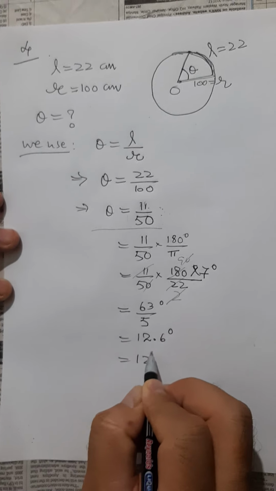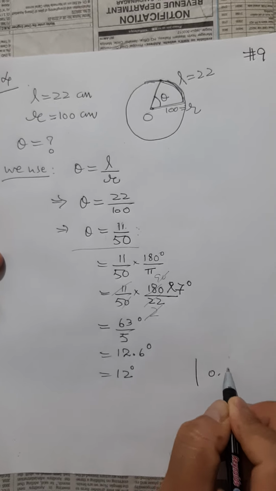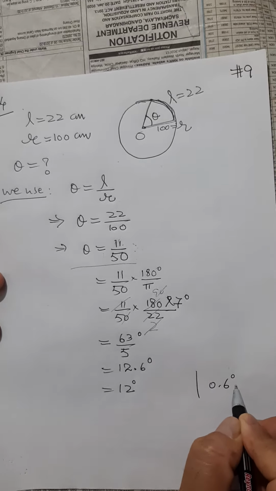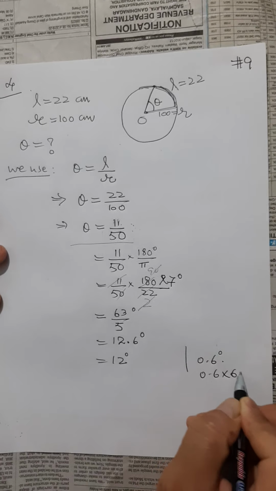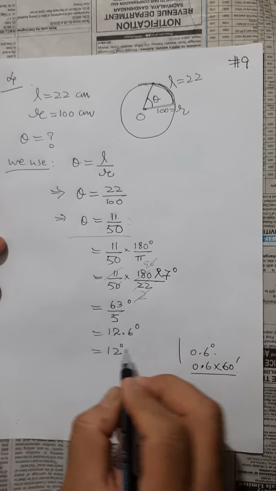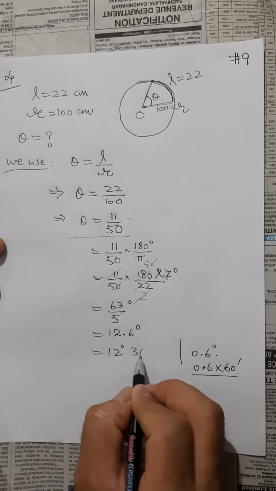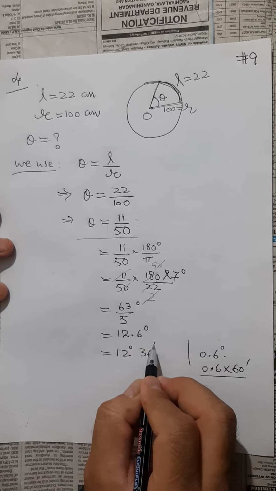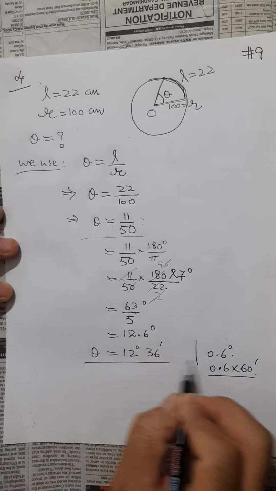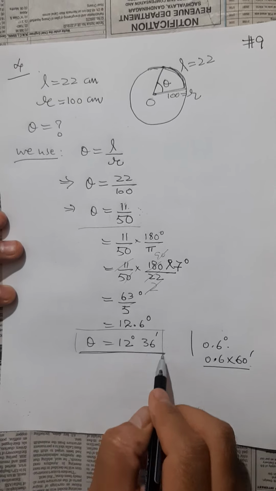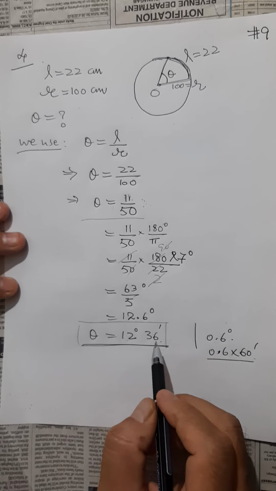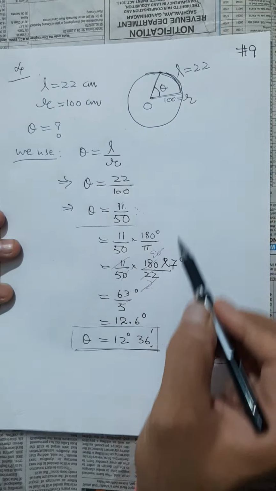So we'll get 12 degrees, and 0.6 degree I'll convert into minutes. So I'll write 0.6 into 60, and you will get roughly 36 minutes. If you want, you can convert further into seconds also, but we'll go up to this. So 12 degrees and 36 minutes is the measure of this angle.